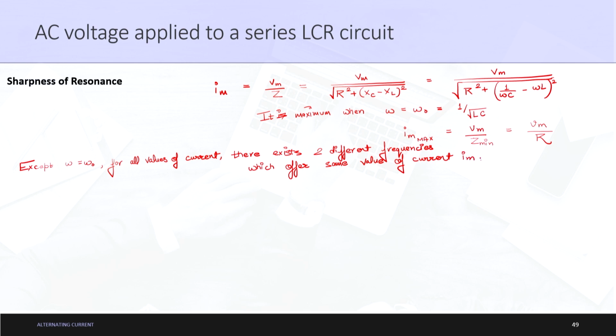For values of omega other than omega naught, the amplitude of current is less than the maximum value. Suppose that we choose a value of omega for which the current amplitude is 1 by root 2 times its maximum value. Why am I doing this?